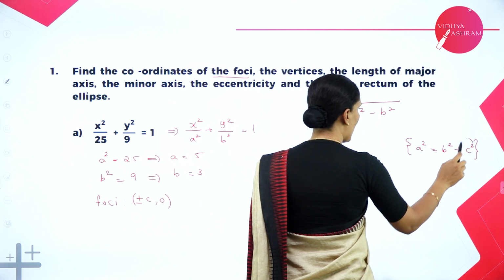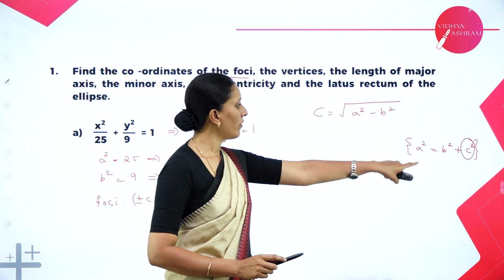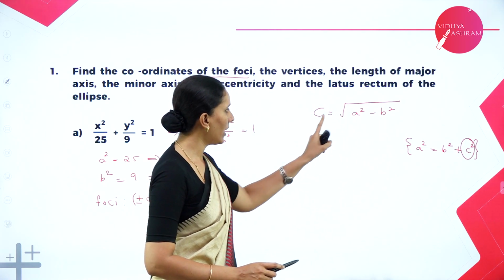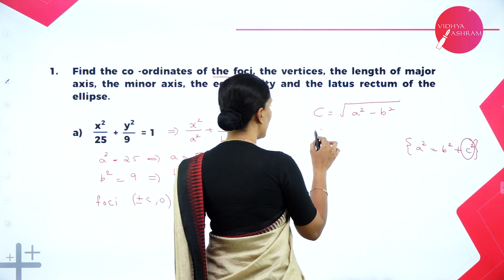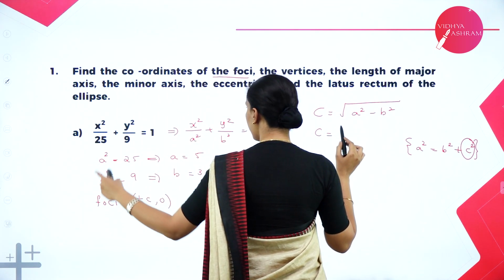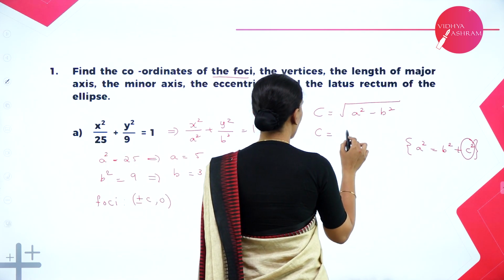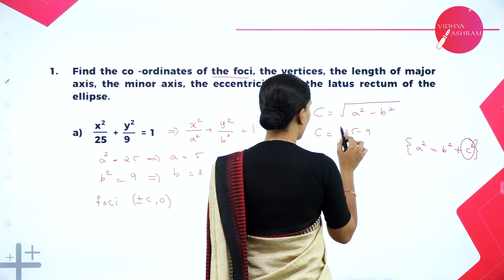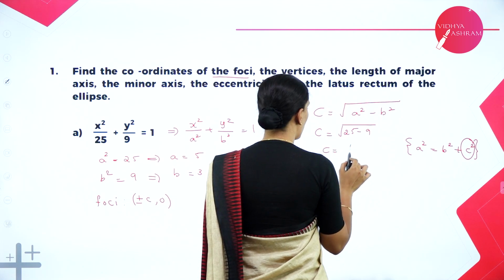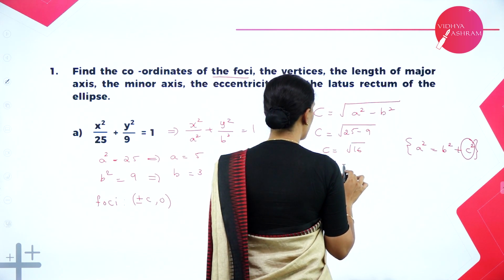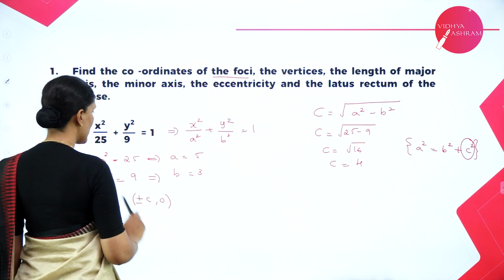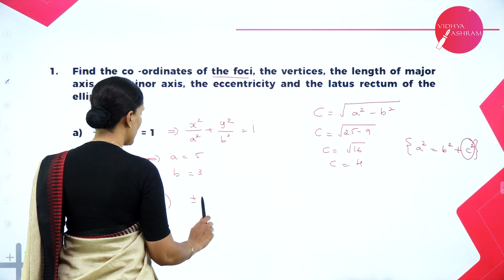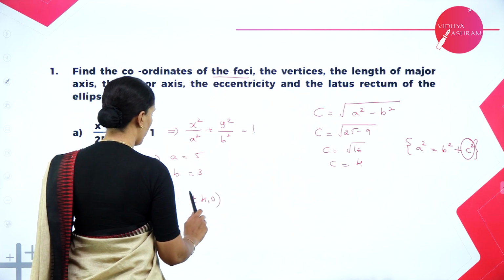Since we are supposed to calculate c, if we alter this relation, we get c is equal to root of a square minus b square. So c is equal to root of 25 minus 9, so we get root 16. So the value of c is equal to 4. Therefore, the foci for this ellipse are plus or minus 4, 0.